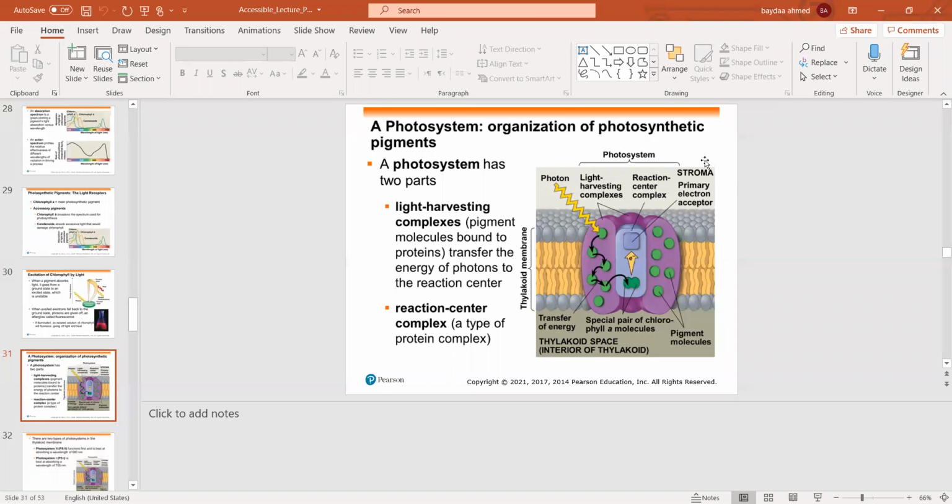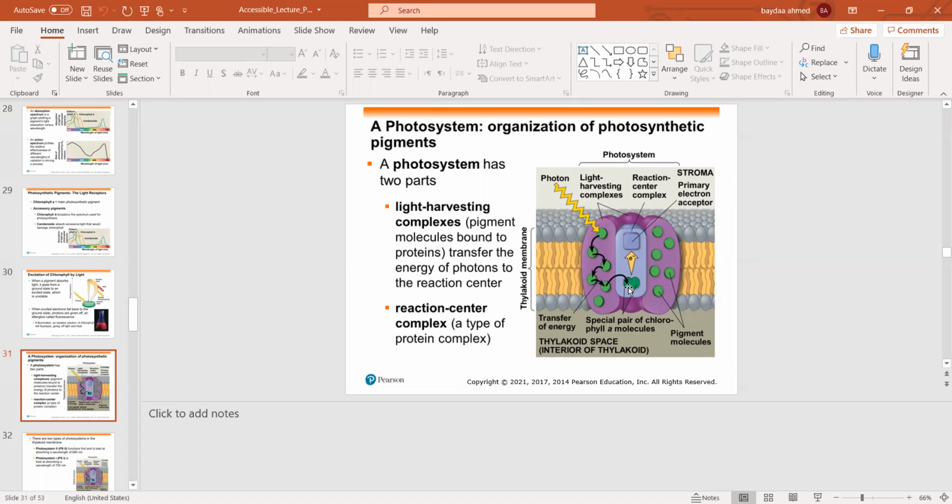The reaction center complex is an organized association of proteins holding a special pair of chlorophyll a molecules and a primary electron acceptor.